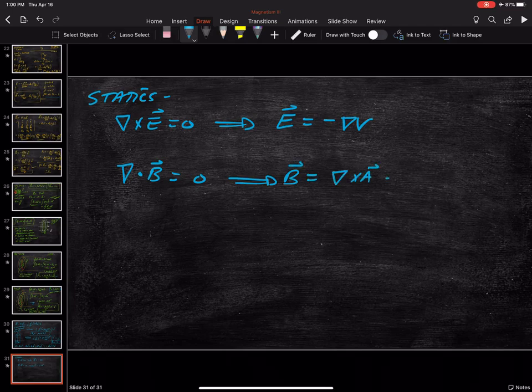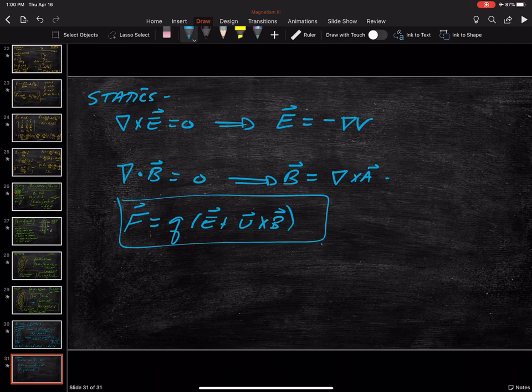But when you write down the forces, for instance, you write down q times (E plus v cross B). And so in some sense, the fields are the real things, and these voltages are mathematical tools to make things a little easier. Once you've got V and A, you just do some derivatives and you get the electric and magnetic fields.